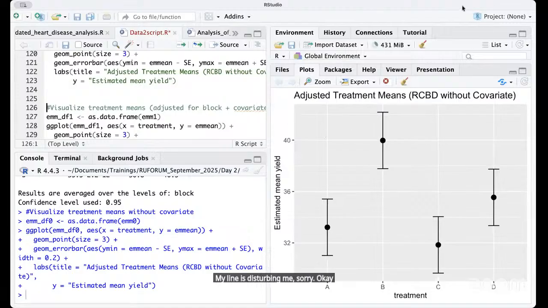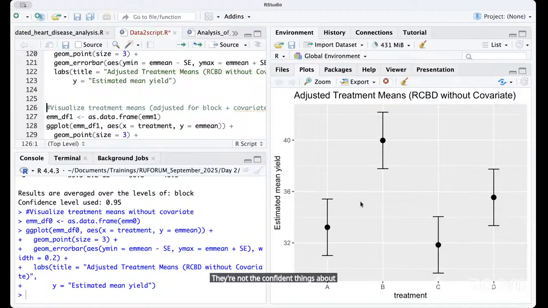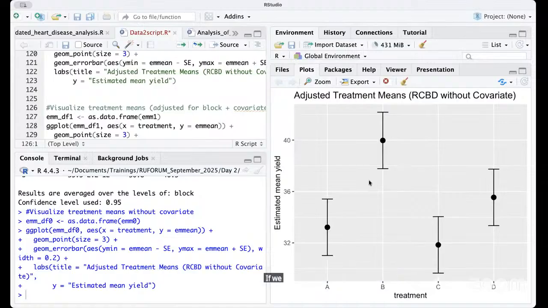Okay. So what I want you to note here is the error margin, not the confidence interval. In the first model, we did not put in our covariate.